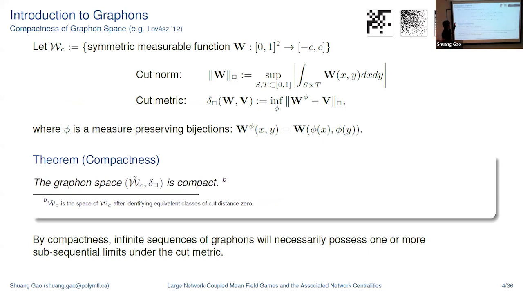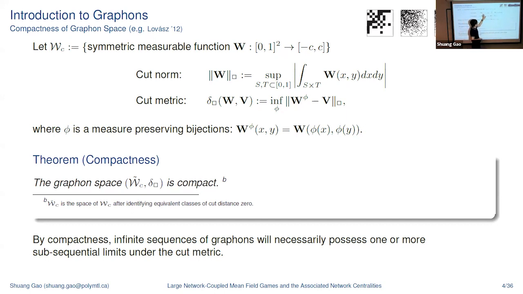So as we mentioned, we look at the symmetric measurable functions that map from the unit square to some bounded interval. In this case, I use minus c and plus c, and denote that set by W_c. Okay. The first thing we need to look for is the definition of norm, the size of the object.